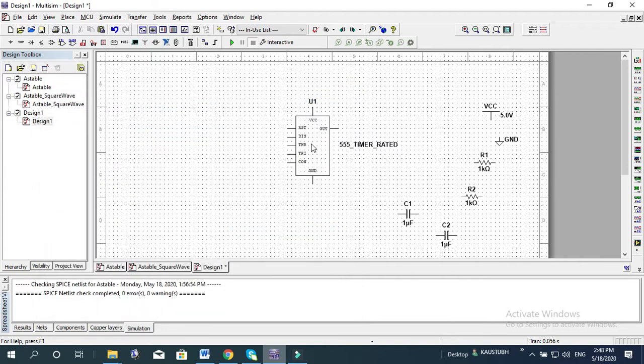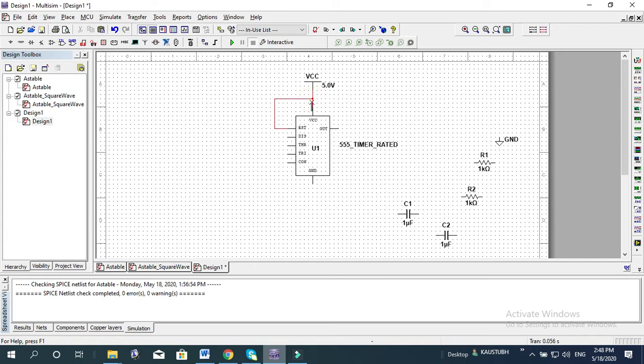So now let us connect. First, this is the layout of your timer. Okay, VCC is connected here, to pin number 8, and this pin number 4, the reset pin, is also connected to VCC.